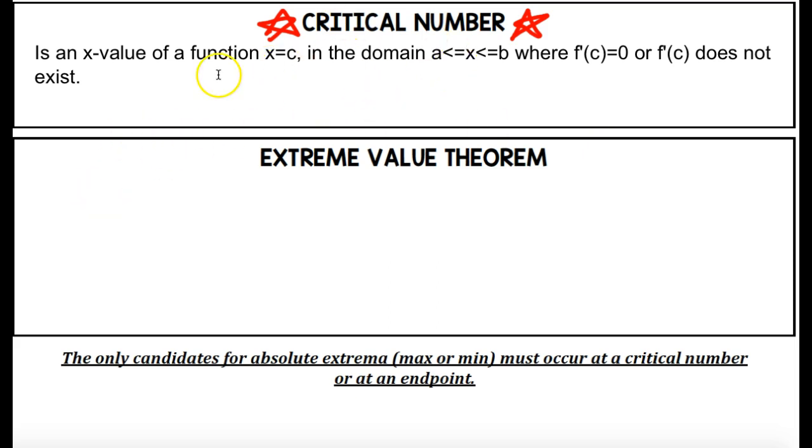A critical number is any value on the domain that we're talking about where the derivative is equal to 0, meaning we have a horizontal tangent, or where the derivative does not exist, meaning we have a corner or a cusp or a vertical tangent or a discontinuity. So that's what a critical number is. Derivative equals 0, or the derivative does not exist. All right. Now, another big key idea, the extreme value theorem.